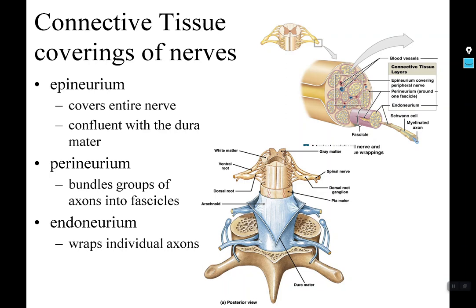So if you cut one of those, what you'll notice is that after you get through that outer layer, the inner parts of the wire are insulated with their own color of insulation, which is also plastic. So that would be analogous to our perineurium. And then at the most basic level, each individual little wire, depending on what the wire is doing, is going to be insulated from its neighbors.